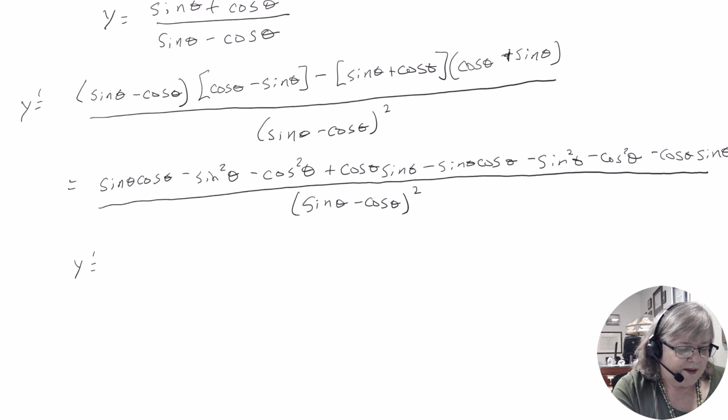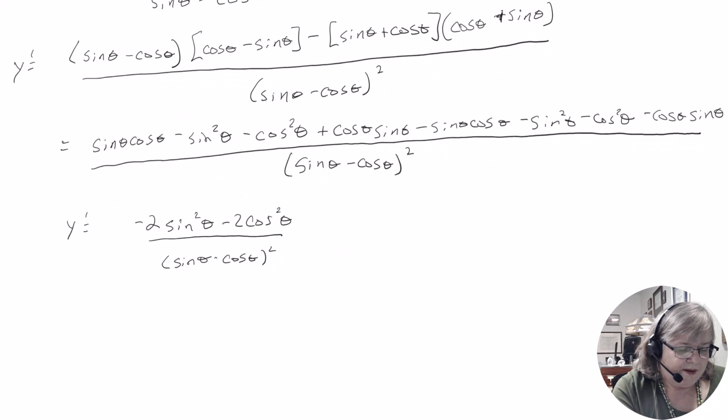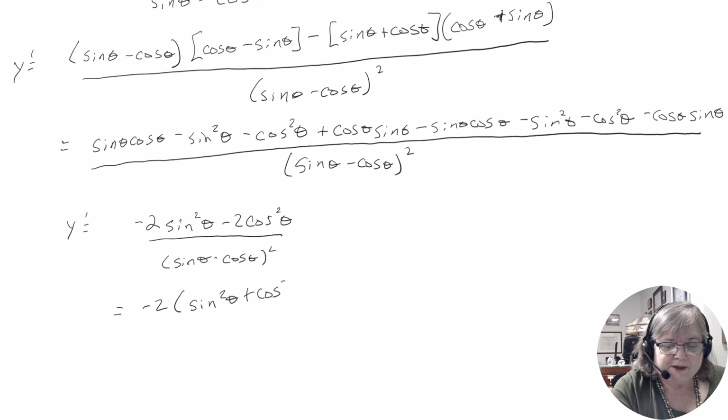then what you get is minus 2 sine squared theta minus 2 cosine squared theta over sine theta minus cosine theta squared. And you think, all right, I'll factor out a minus 2. So that gives me sine squared theta plus cosine squared theta, my favorite identity.